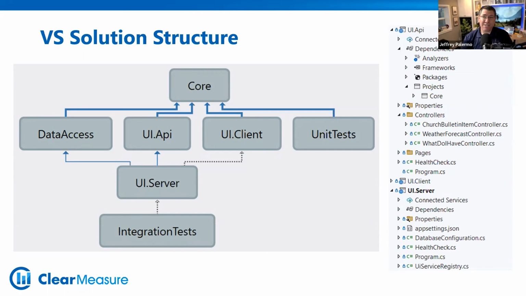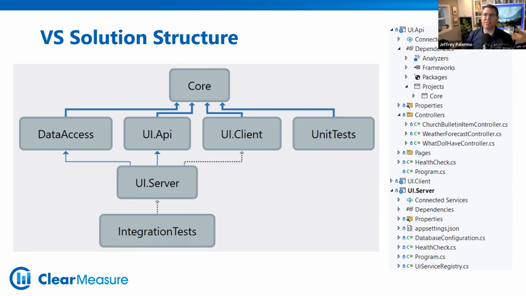Now, by default, the template puts your web API controllers for your web services, and I advocate only having one, in the startup project, which configures and starts up, and by its nature has to be promiscuous and have references to every other project in your Visual Studio solution. So the pattern I want to highlight is factoring out your web services into a different project.